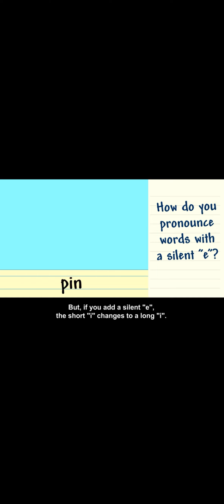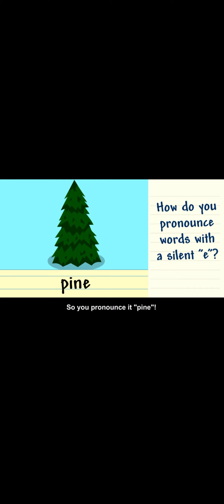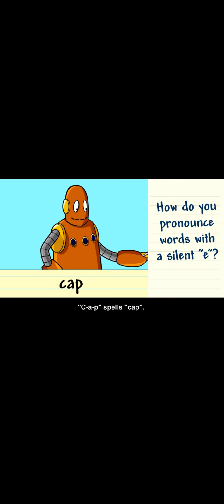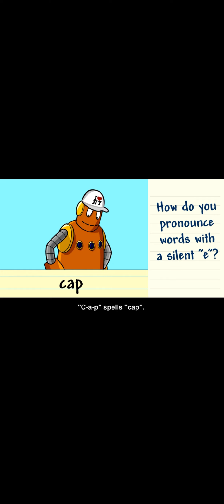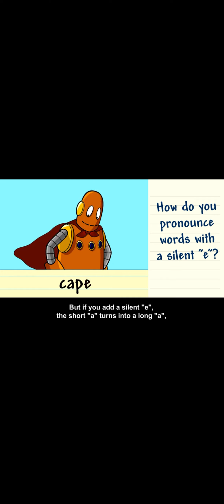But if you add a silent E, the short I changes to a long I. So you pronounce it pine. C-A-P spells cap. But if you add a silent E, the short A turns into a long A, cape.